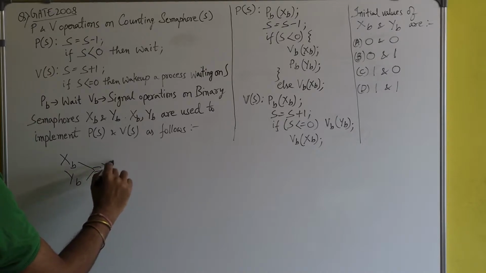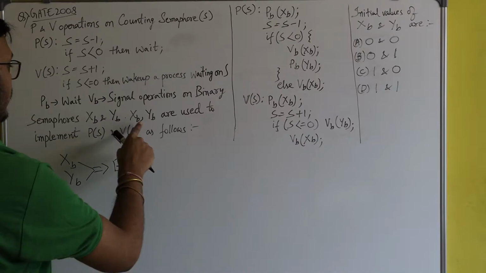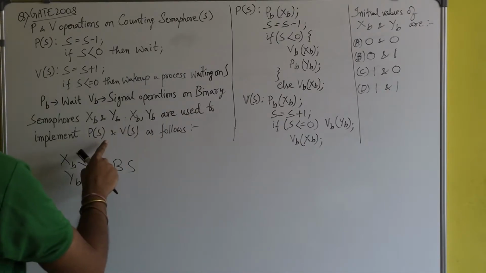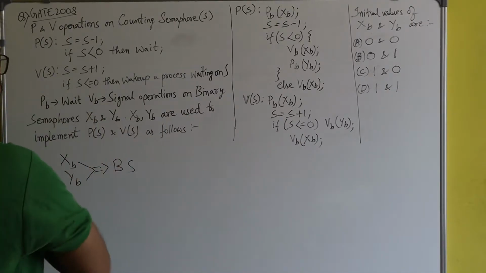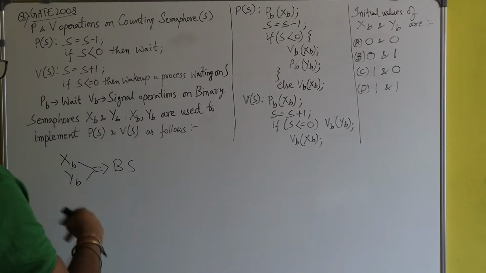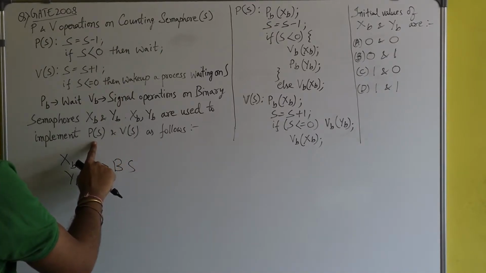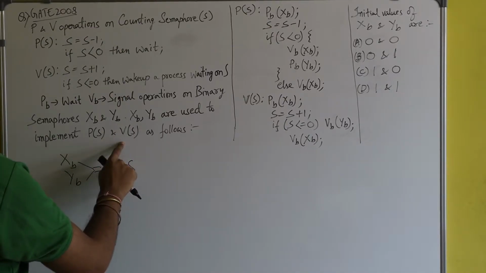It is written that XB and YB are used to implement P of S and V of S as follows. So with these binary semaphores, we will implement the counting semaphore. Actually, S is a counting semaphore.